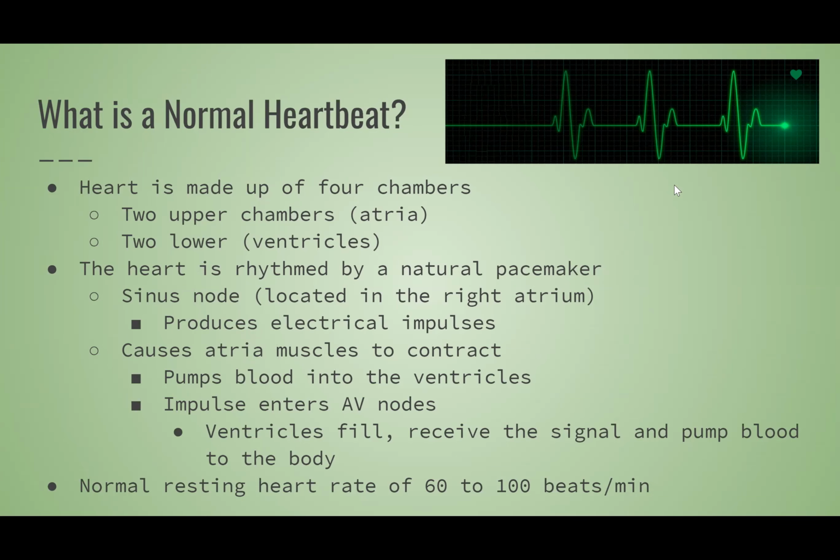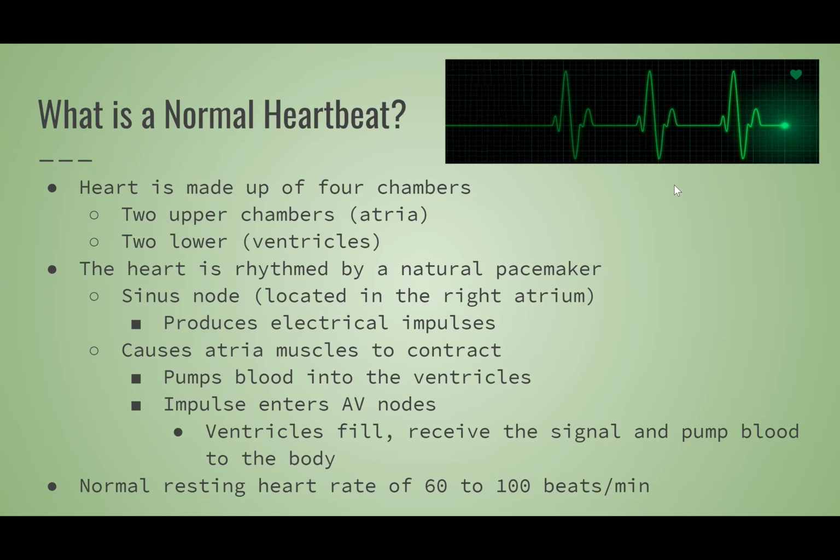This is located in the right atrium, which we'll show you a picture of on the next slide. But this helps the heart produce its electrical impulses. So basically, the sinus node will send the impulses, and the atria muscles will then contract due to those impulses. And then this causes them to pump the blood into the ventricles.